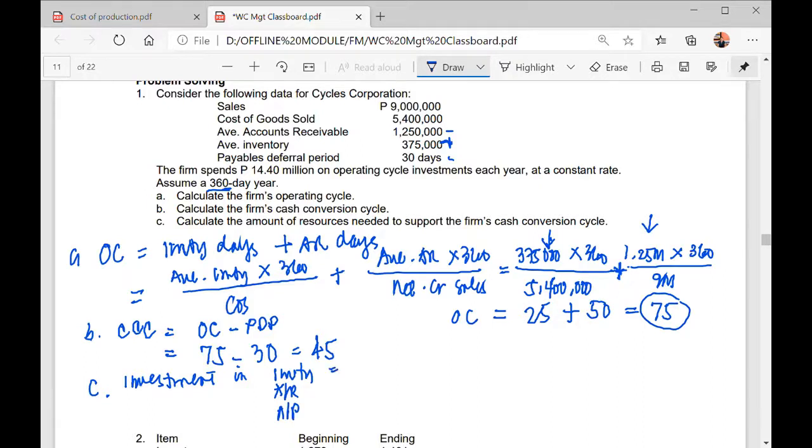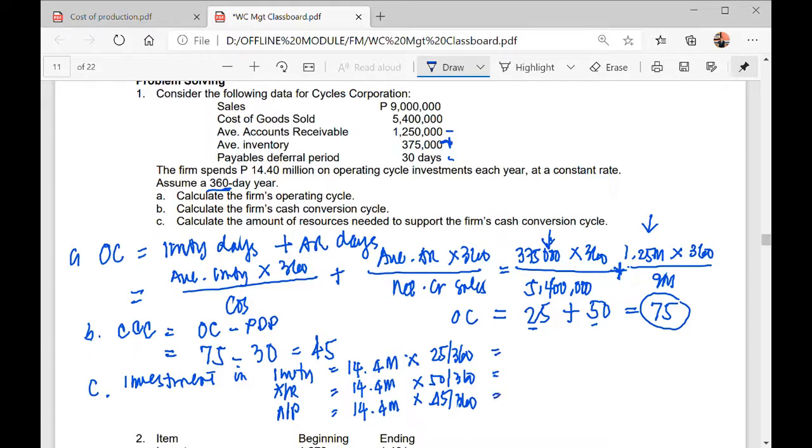So this would be 14.4 million times 25 over 360 for the inventory, and 14.4 million times 50 over 360 for the AR. And then AP is 14.4 million times 45 over 360.